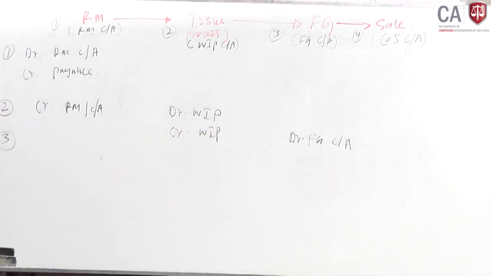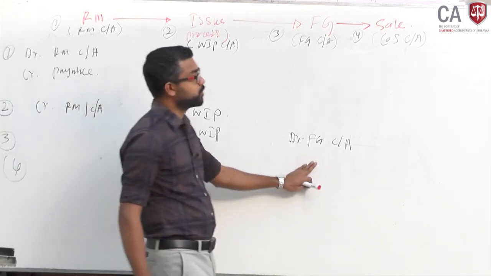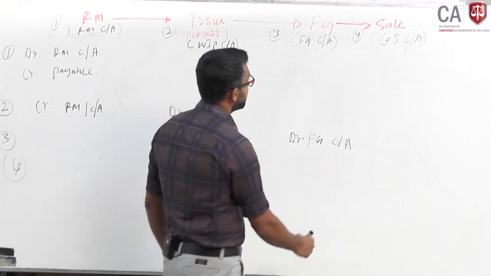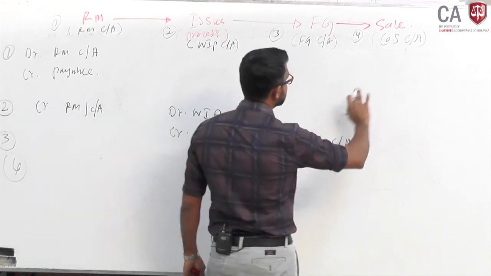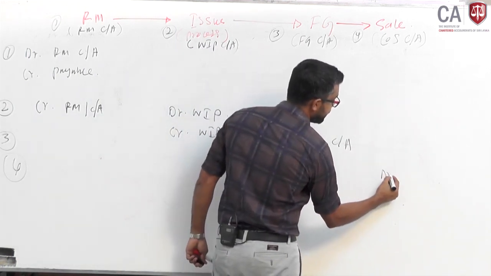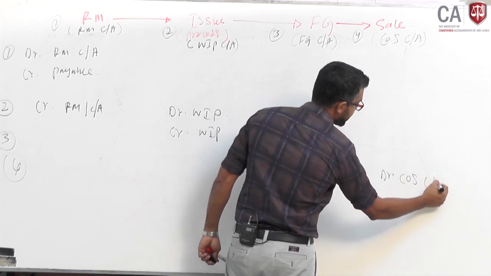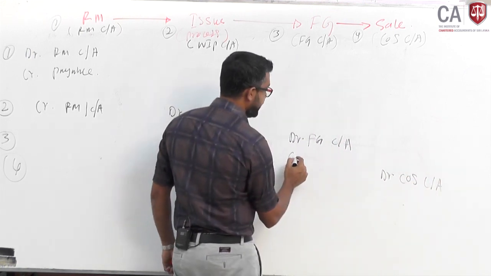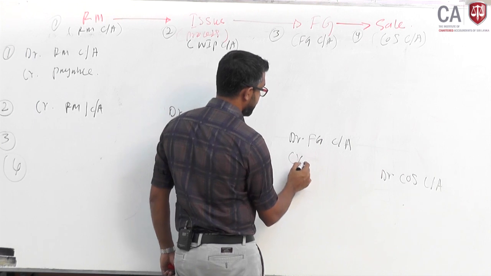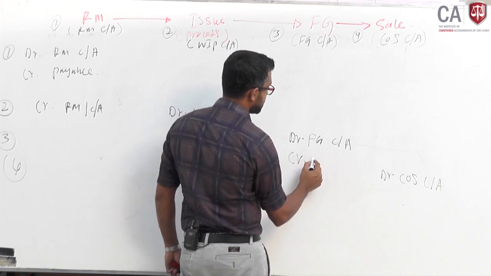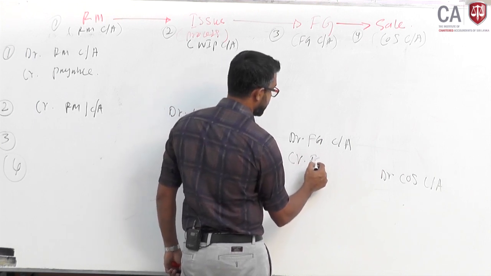Third one. Fourth one, when you transfer finished goods into sale, when finished goods are sold, cost of sales debit control account, credit finished goods account, right?